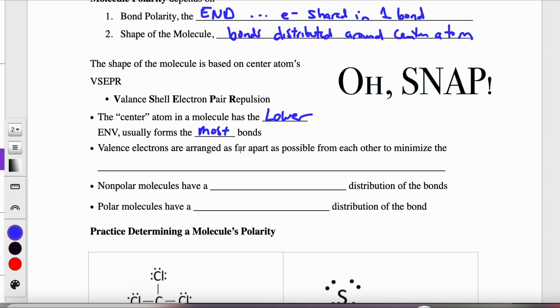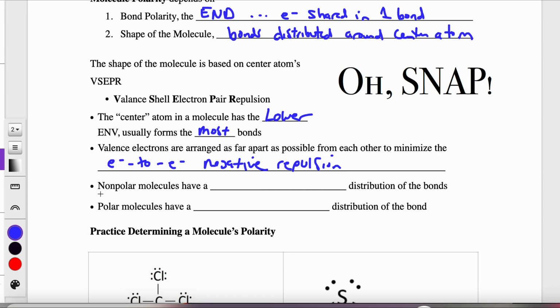Valence electrons are arranged as far apart from each other as possible to minimize the electron to electron negative repulsion. So how far apart can we spread these bonds to limit the negative to negative repulsion?